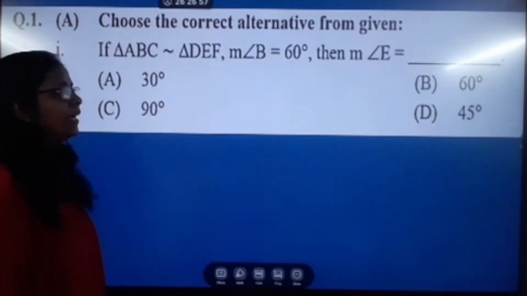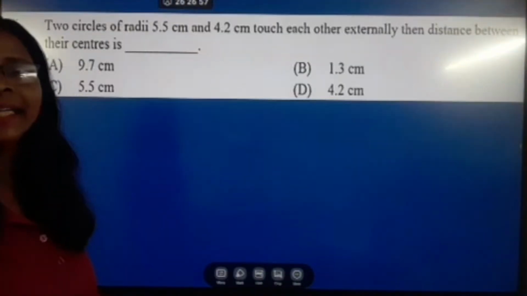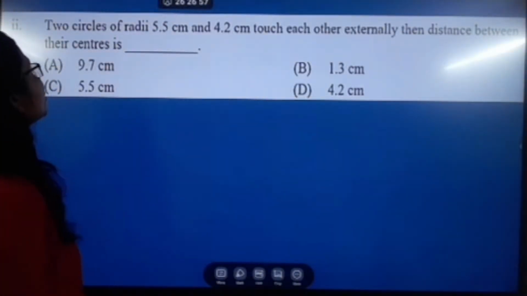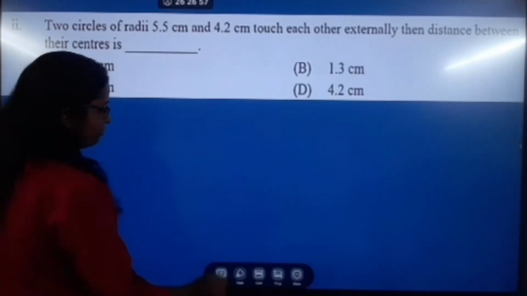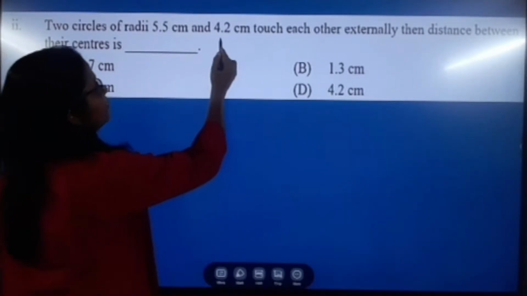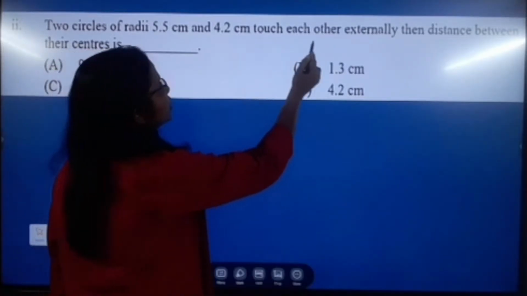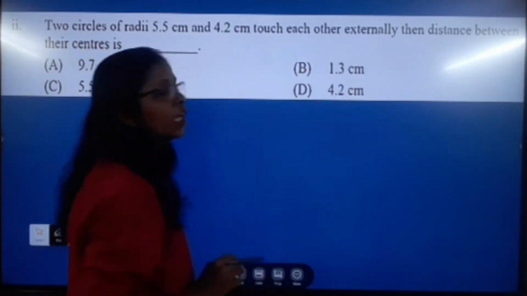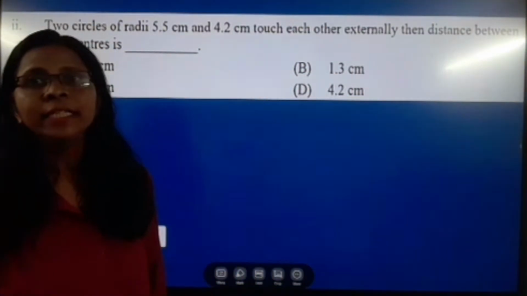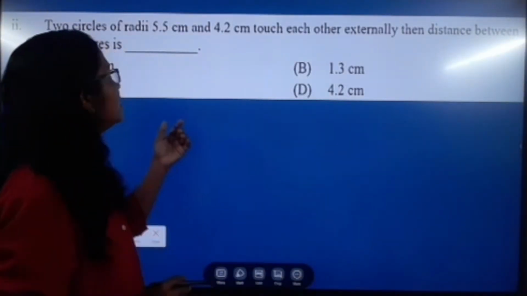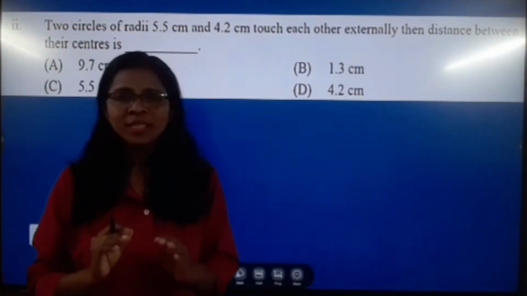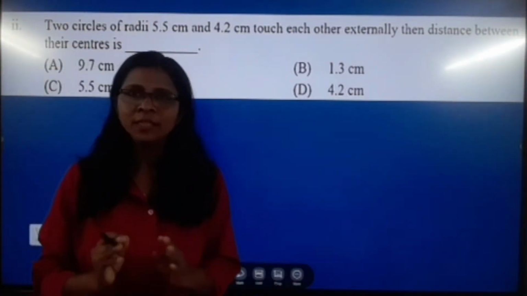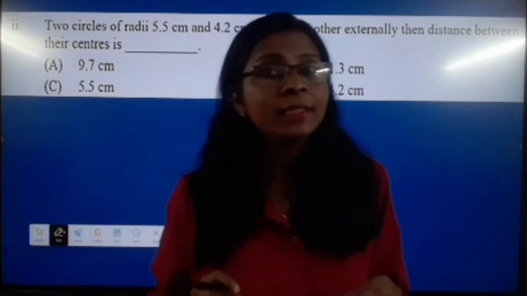The next example: two circles of radii 5.5 centimeter and 4.2 centimeter touch each other externally. Then the distance between their centers is? Yes, the two circles touch each other externally.